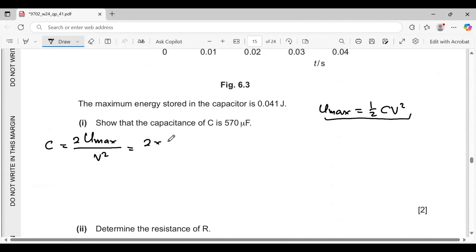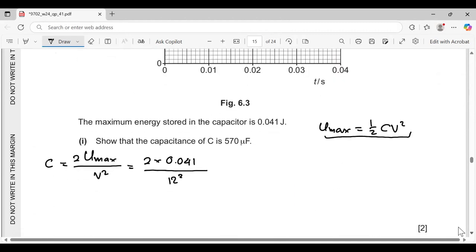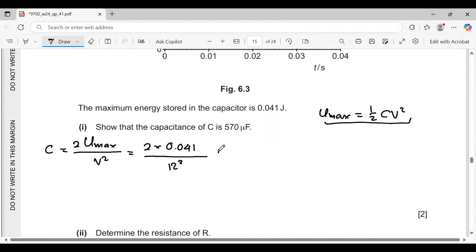So 2 times 0.041 joule over 12 squared, because the maximum, as I showed you just now, is 12. It decreases to 8. If you calculate, the result is 5.694 times 10 to the power minus 4.